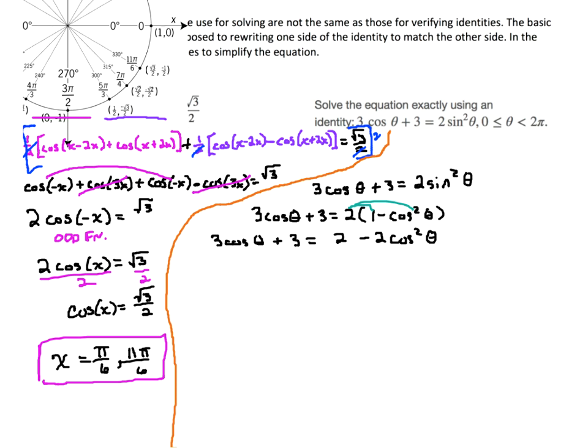And since this is a quadratic, I need to get it equal to 0. So I'm going to add 2 cosine squared theta and subtract 2 from both sides. And that gives me 2 cosine squared theta plus 3 cosine theta plus 1, no, I'm subtracting, plus 1.